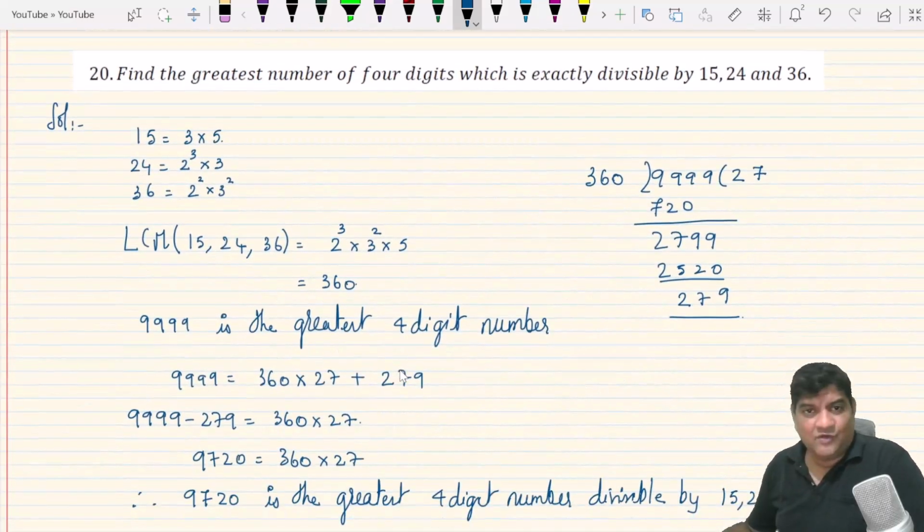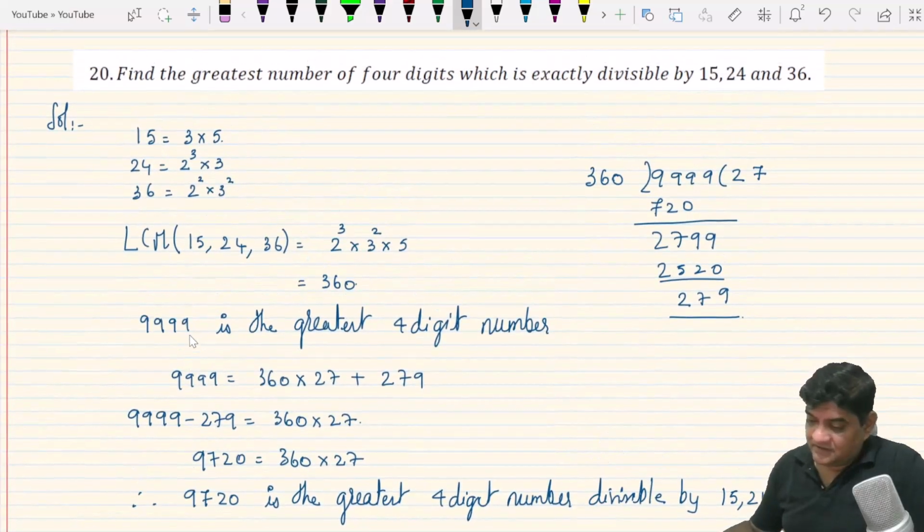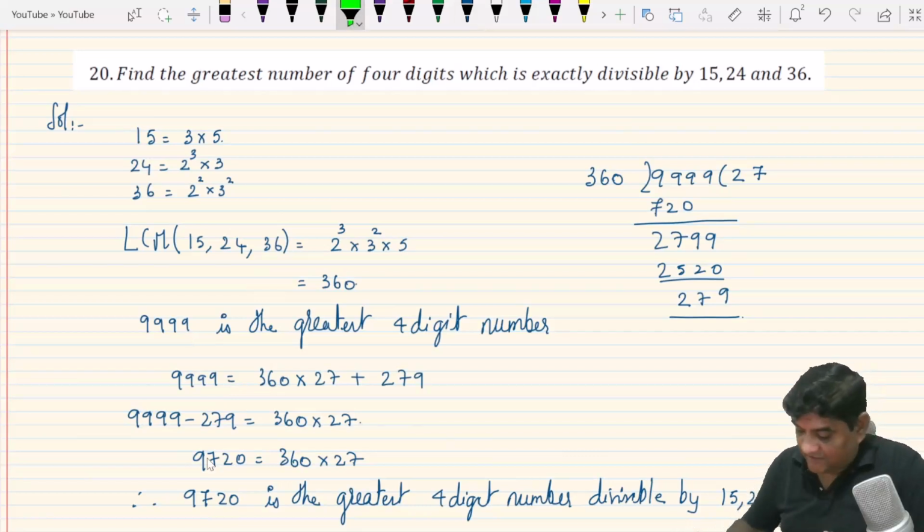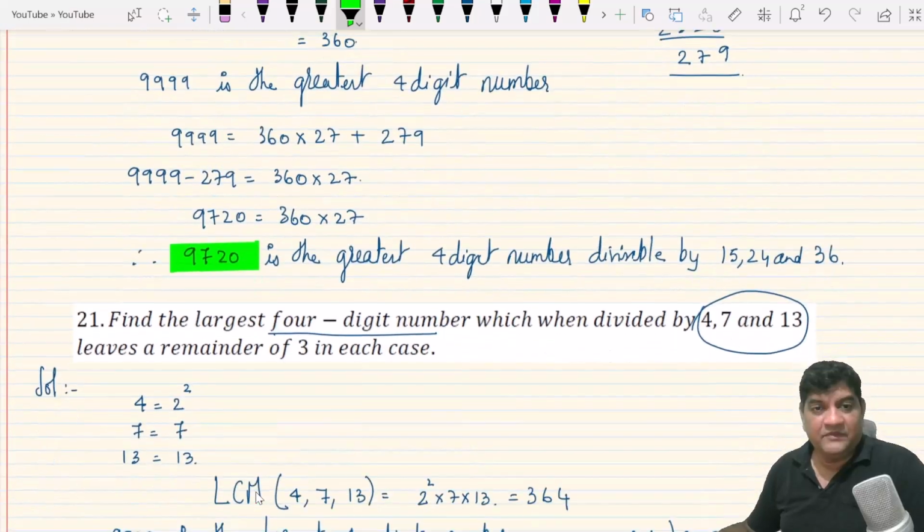Again, usage of the concept of A is equal to BQ plus R. Find the greatest number of 4 digits which is exactly divisible by so and so. So if I'm looking for a number which is divisible by some numbers, then it's basically the LCM. I take the greatest 4-digit number and then I divide it. Then write A is equal to BQ plus R, and then you get the number as 9720.